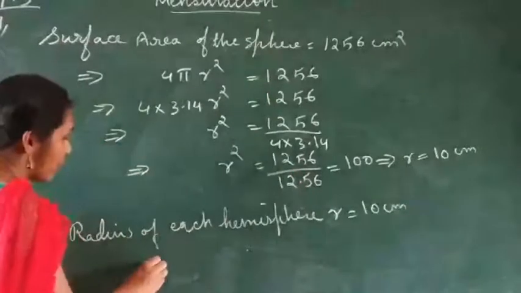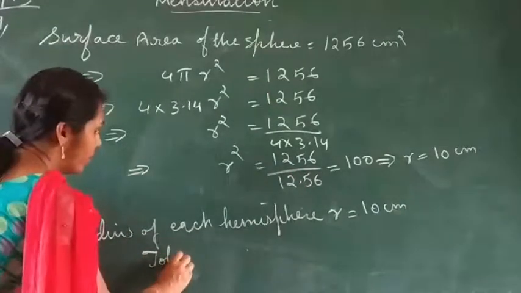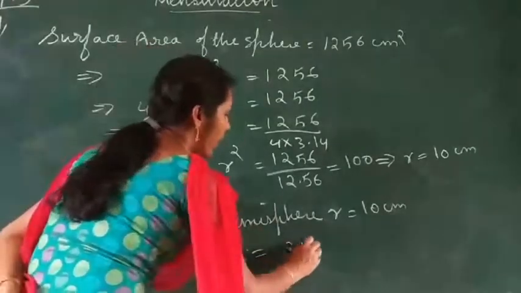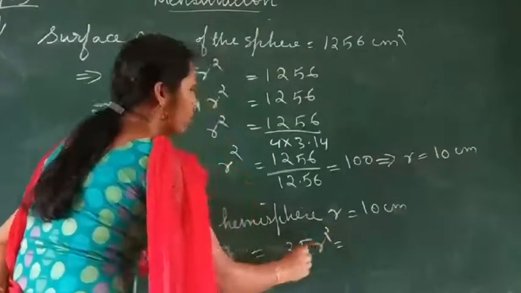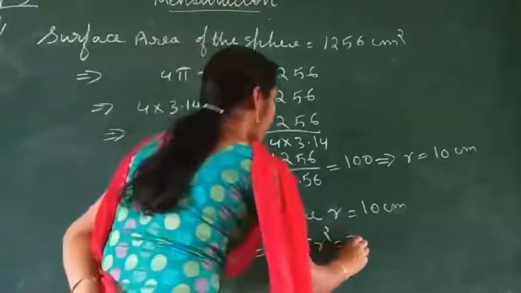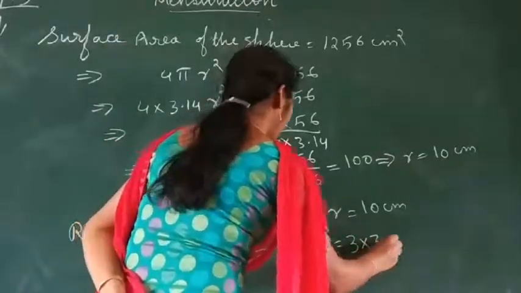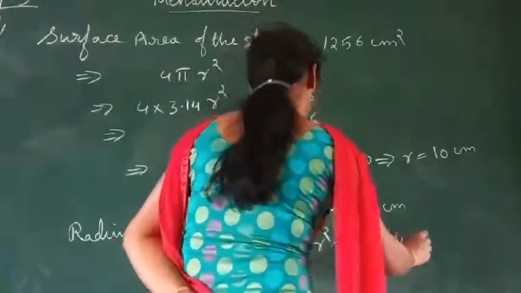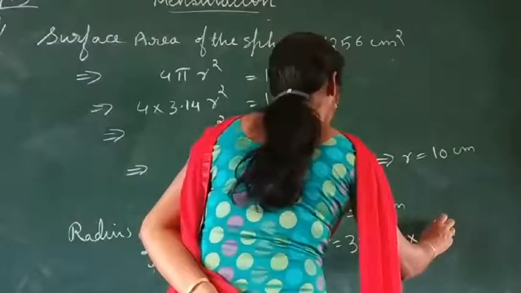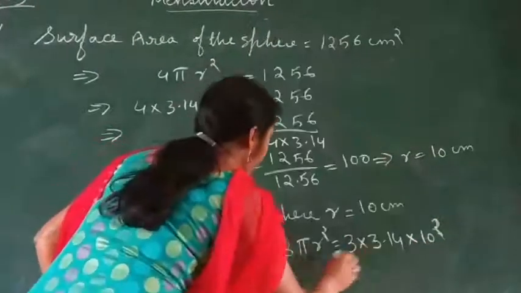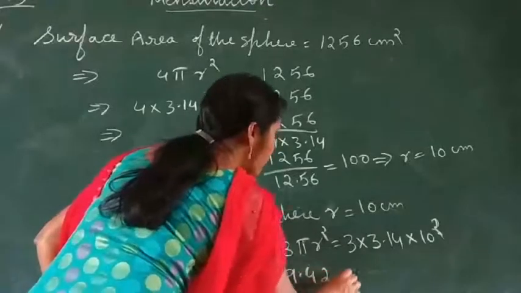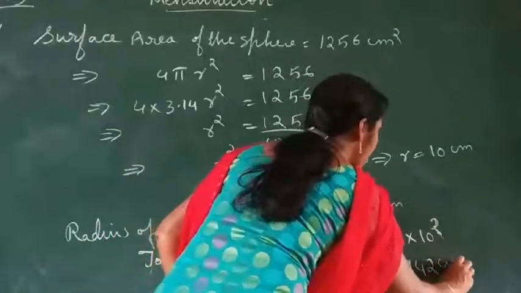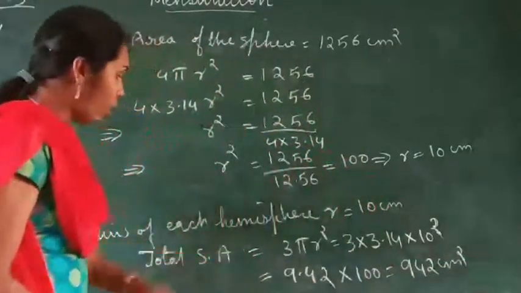Now total surface area. Total surface area of each hemisphere is equal to 3πr². That is equal to 3 into 3.14 into 10 square. So 3 into 3.14 is equal to 9.42 into 100. That is equal to 942 centimeter square. This is the total surface area of each hemisphere.